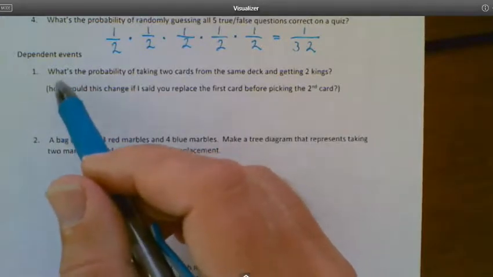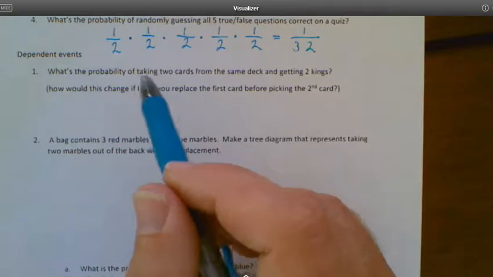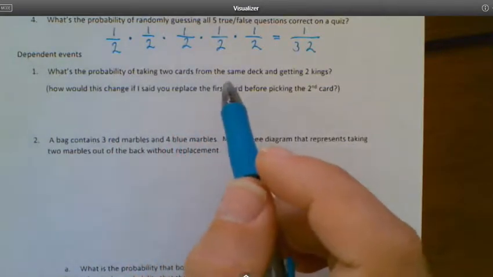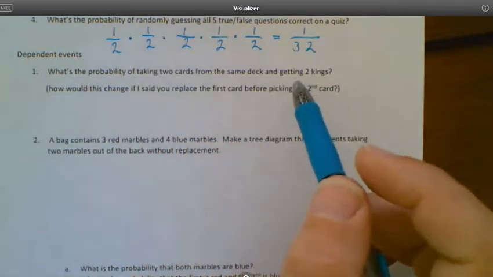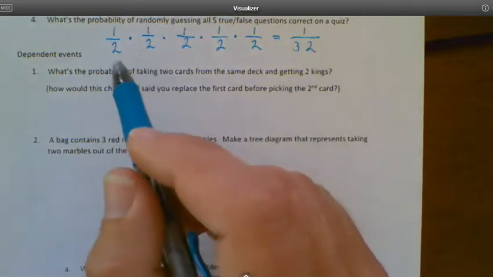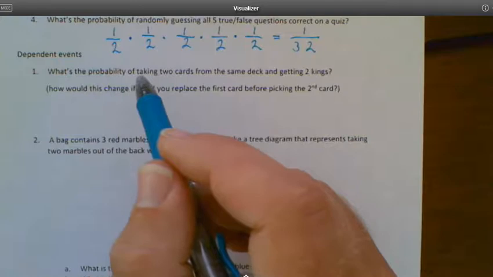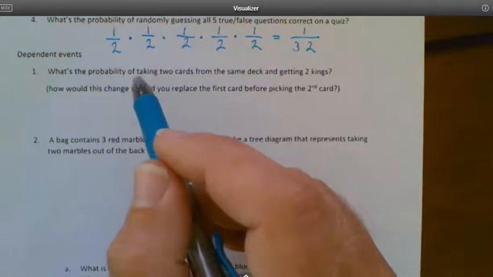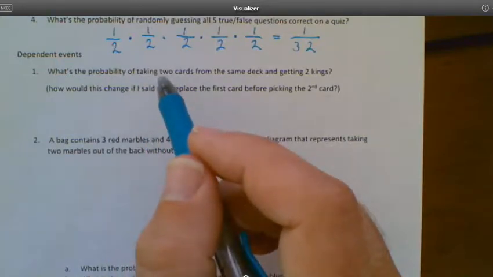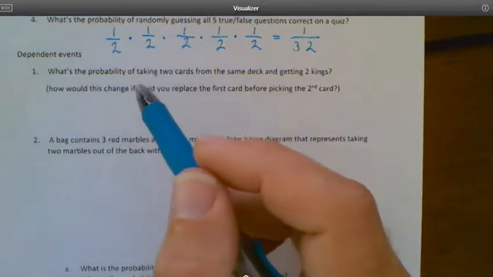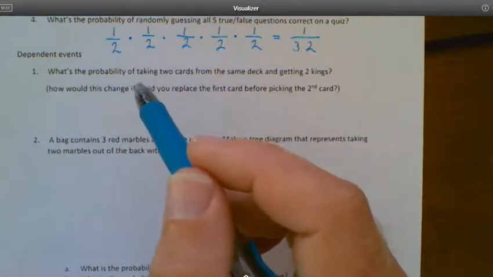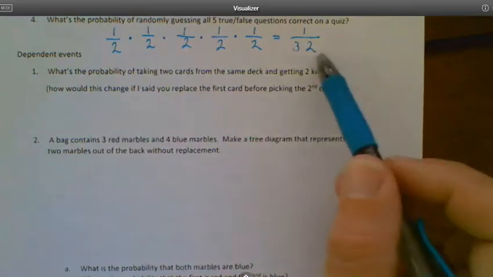So as we look at this, what's the probability of taking two cards from the same deck and getting two kings? Right, so notice I am essentially reaching into a deck of cards, taking one out, and then I'm going to reach in again and take out another card. As I reach into that deck the first time, there's 52 cards in the deck, and 4 of those are kings.